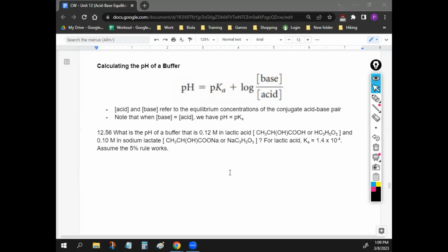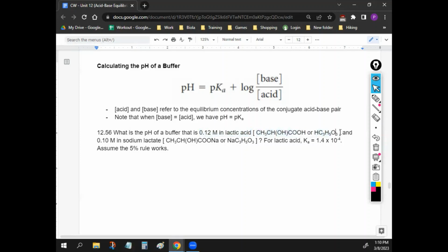All right. So let's talk about how to take a look at this now. Hopefully you guys copied down the equation. Now what we're gonna do is take a look at the problem. It's asking us what is the pH of a buffer that is 0.12 molarity in lactic acid. It gives you the formula for lactic acid.